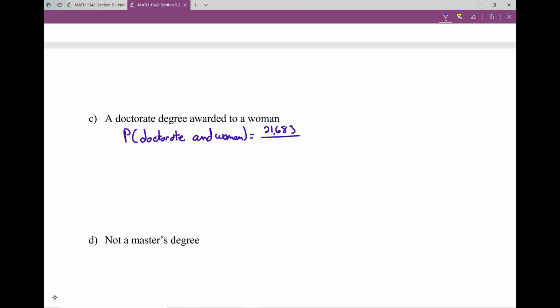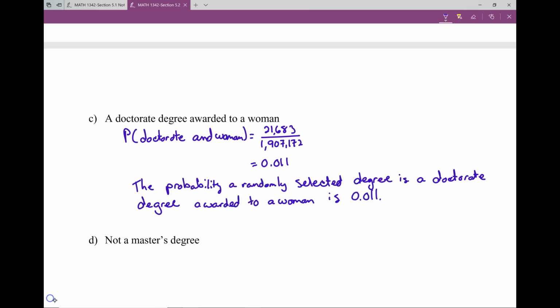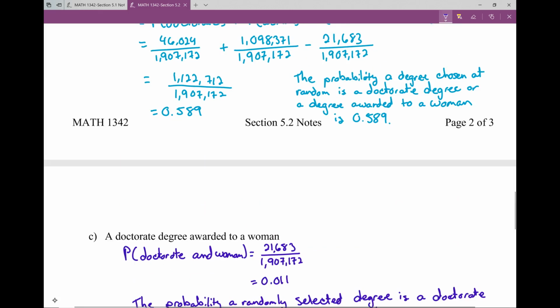That's the intersection over the 1,907,172. Divide this out, and I get 0.011, or 11 thousandths. The probability a randomly selected degree is a doctorate degree awarded to a woman is 0.011, or 11 thousandths.